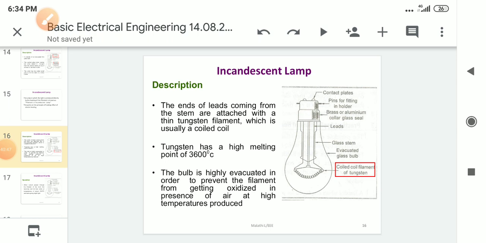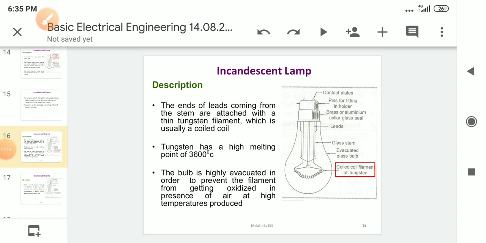So here what will happen? The consumption of electrical energy will be minimized by replacing this incandescent lamp with LEDs. That's why nowadays these are replaced. But this is a basic model. If we know our basic things, then we will develop day by day. If we don't know the basic things, then how are we able to reach the next step?